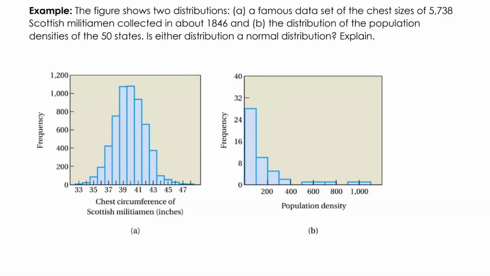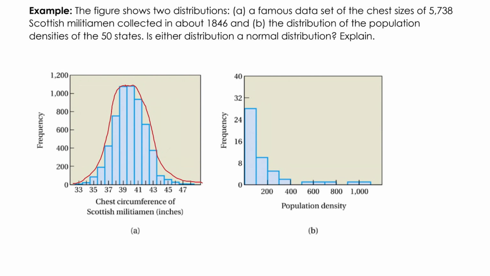In this example, it's giving us two sets of data and asking us if either of these distributions would be considered a normal distribution. And so if I look at the data of graph A, it's the chest circumference measured of Scottish militiamen in inches. And if you notice, if I take my pen and I make a continuous curved line across the tops of these bars, I get what looks like a normal curve.